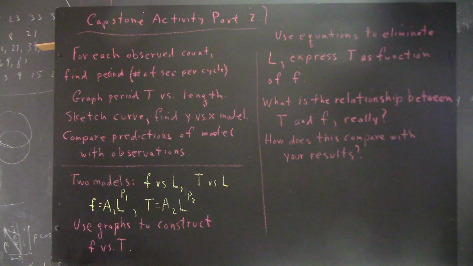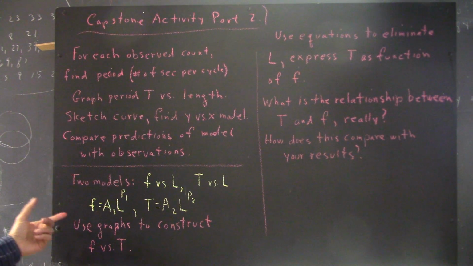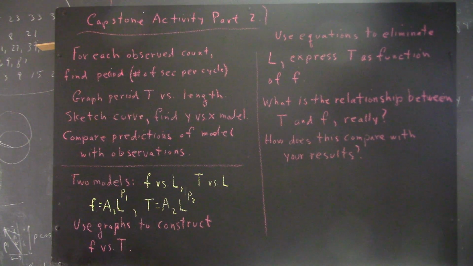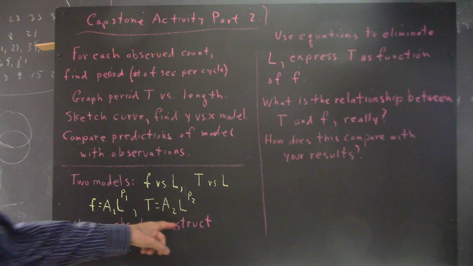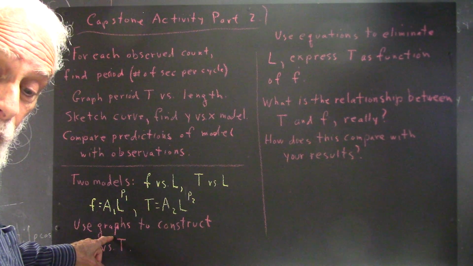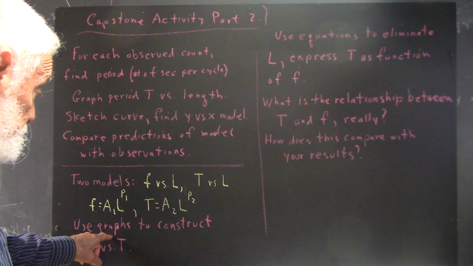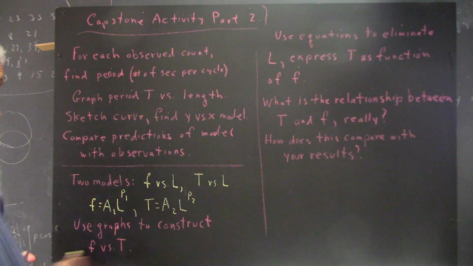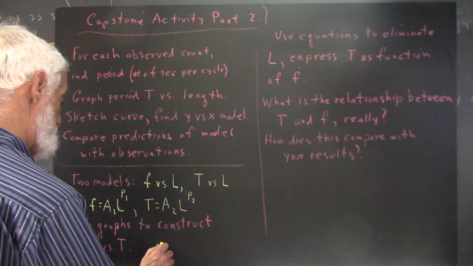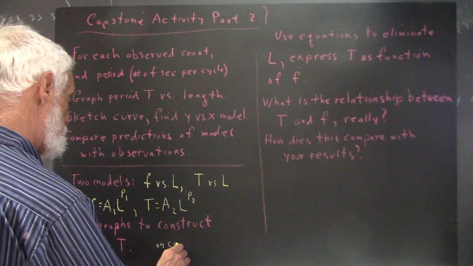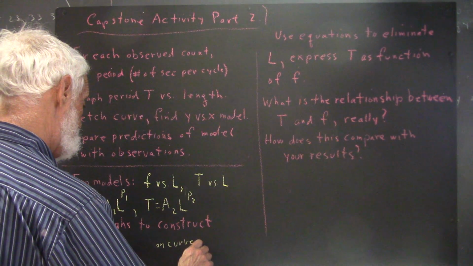Okay, then I want you to take the two graphs you have and use the information on those graphs, just the information on the curves. When I say on the graphs, I mean on the curves. I don't want you to use your data points.